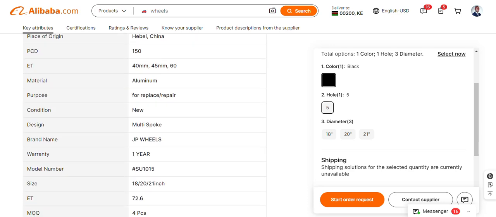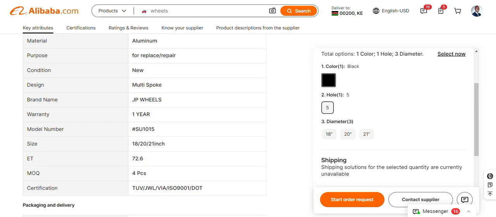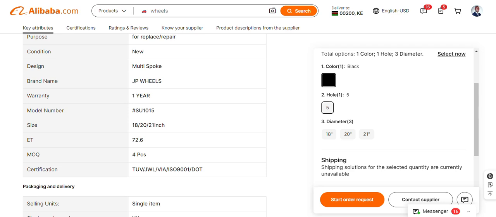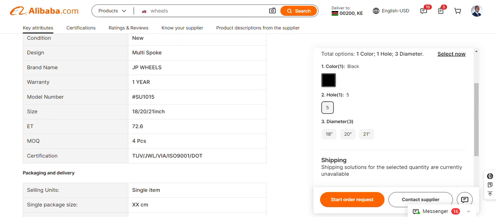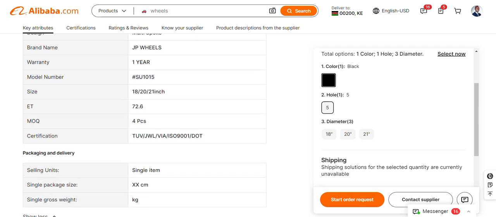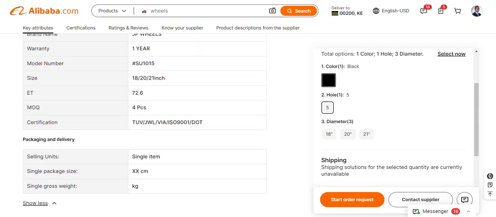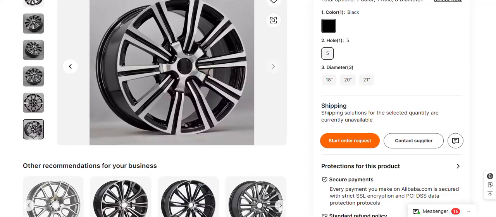We are looking at the material, which is also very important, aluminum. They have a warranty of 1 year. Sizes are 18, 20, 21 inches. And minimum order quantity, you must take 4 of them. So you look at that, you like it.